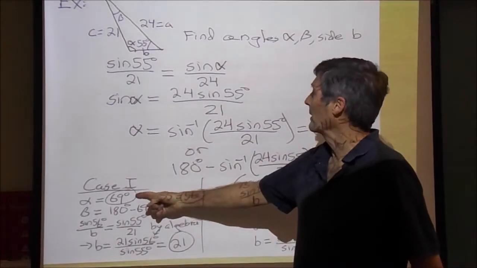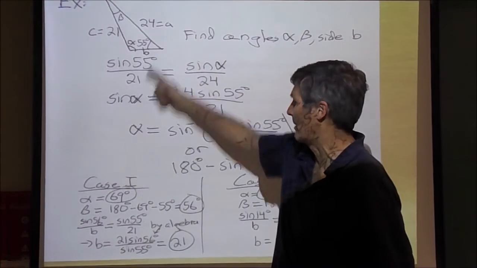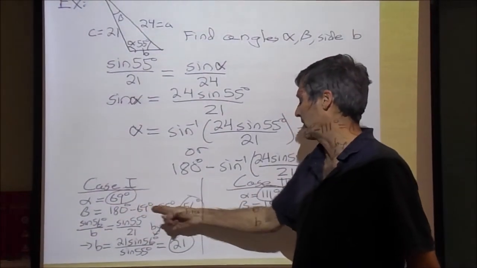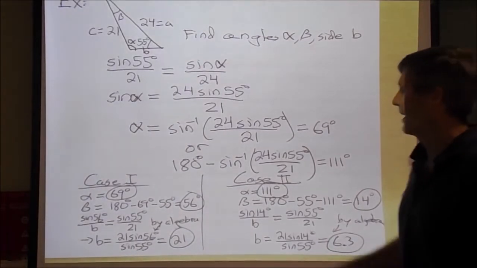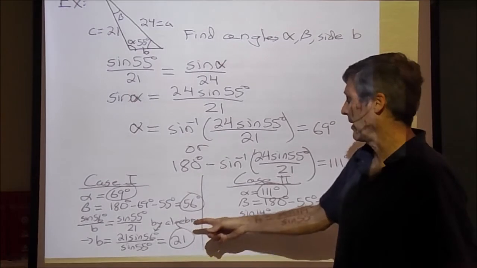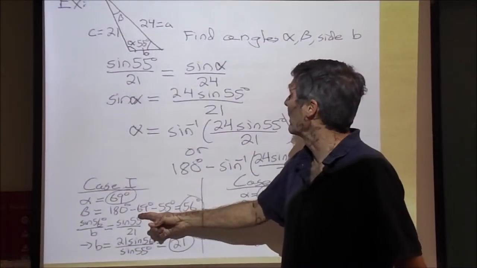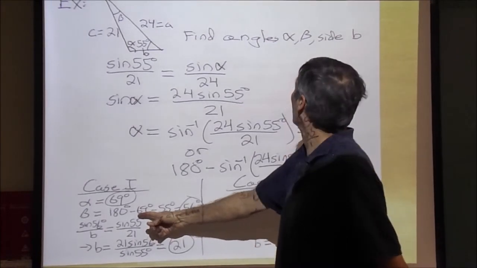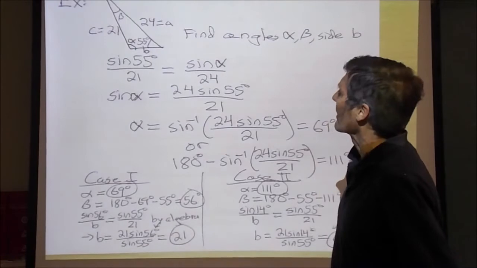If I take that together with the given information of 55 degrees here for gamma, then beta is 180 minus 69 minus 55, which is 56 degrees. I have the last angle. Now I've got only one thing more to do. Right? I found two, I need one more. So I apply the law of sines. The sine of beta is to b as sine of, what was 55 degrees, I've forgotten, gamma is to c.